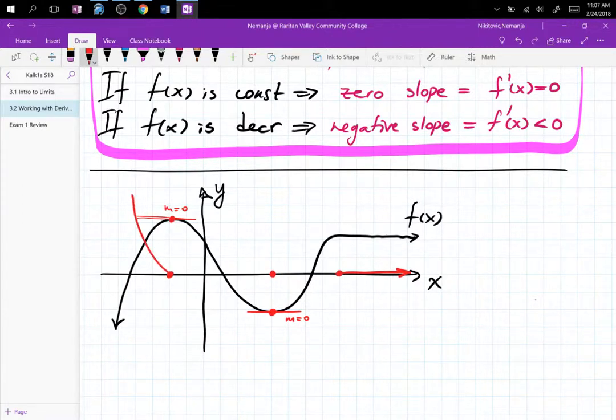I don't have exact functions to work this out. It's a sketch, right? So which way? Some of you might curve it this way, some of you this way. Whatever you prefer is okay. I just need to see that piece of the line is above the x-axis because your slopes are positive on the black line, and therefore the red line has to have positive values on its y.